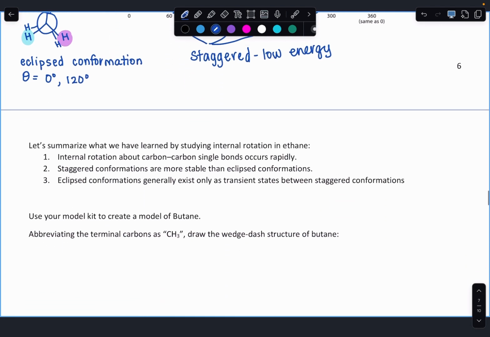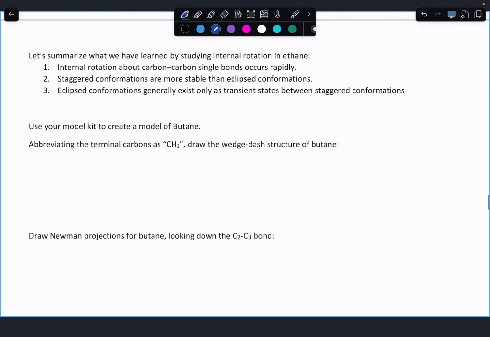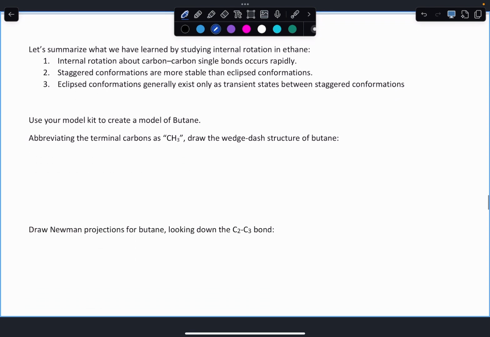Let's look at another molecule, another Newman projection. I have a summary here of what we can conclude from looking at ethane. The internal rotation around carbon-to-carbon bonds happens quickly. They're just constantly rotating. Staggered conformations are more stable because we don't have the overlapping of bonds.